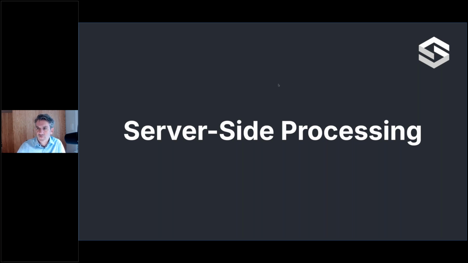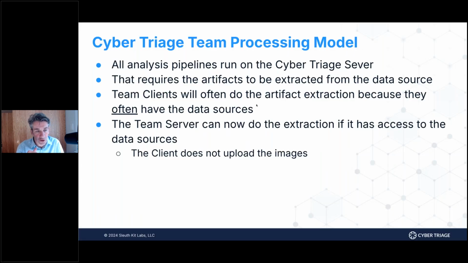All right, theme number 4, I guess we're on here: server-side processing. This is relevant for our Team customers. A quick reminder, Cyber Triage is deployed in two ways: either Standard, running on your desktop or laptop computer, or Team, which is a client-server architecture. Historically, the analysis pipelines, where artifacts go down pipelines and get scored as good, bad, or suspicious, are always run on the Cyber Triage server.